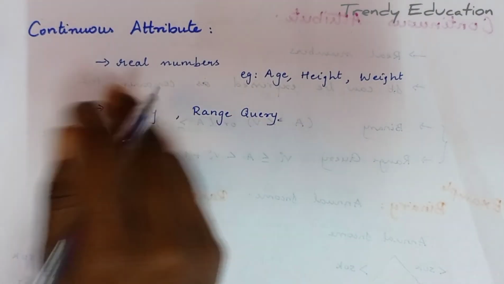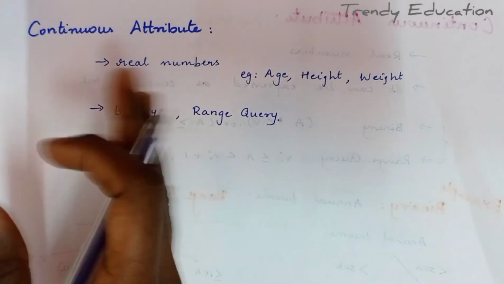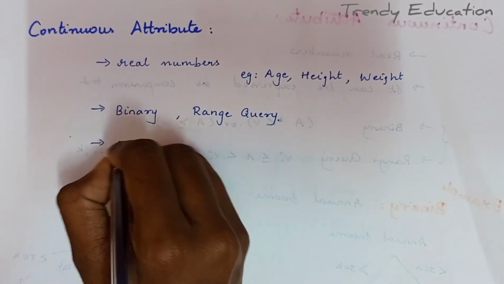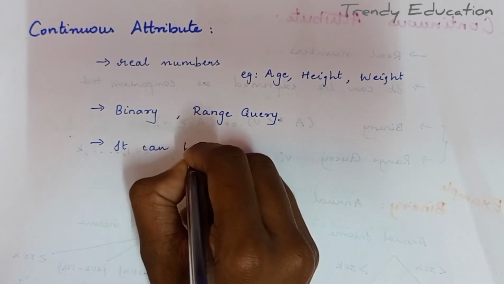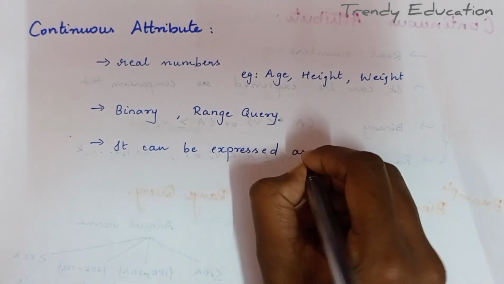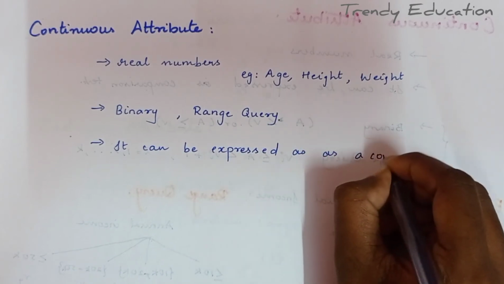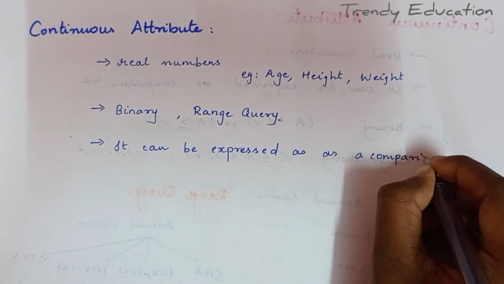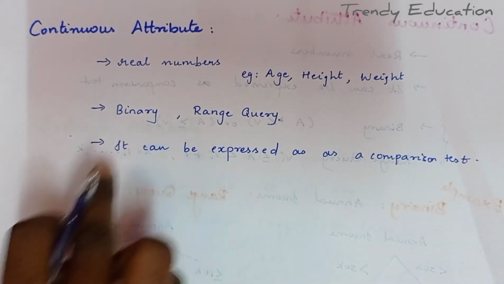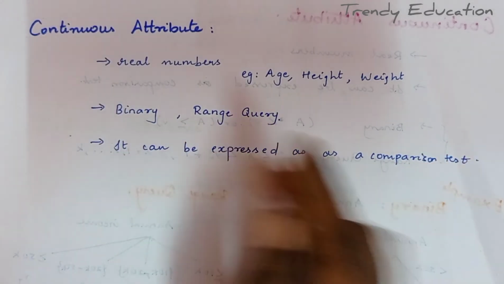And it can also be expressed as a comparison value, which is also called a comparison test. Now I will give you an example for the binary and the range query.